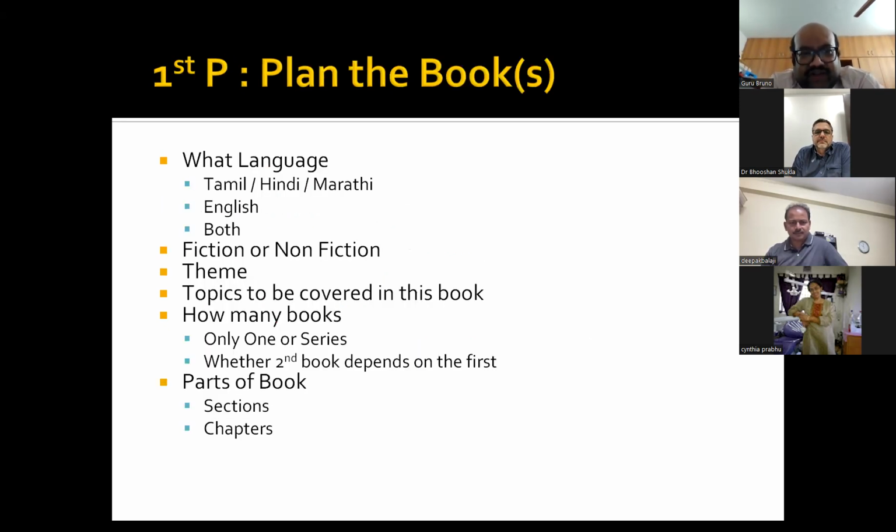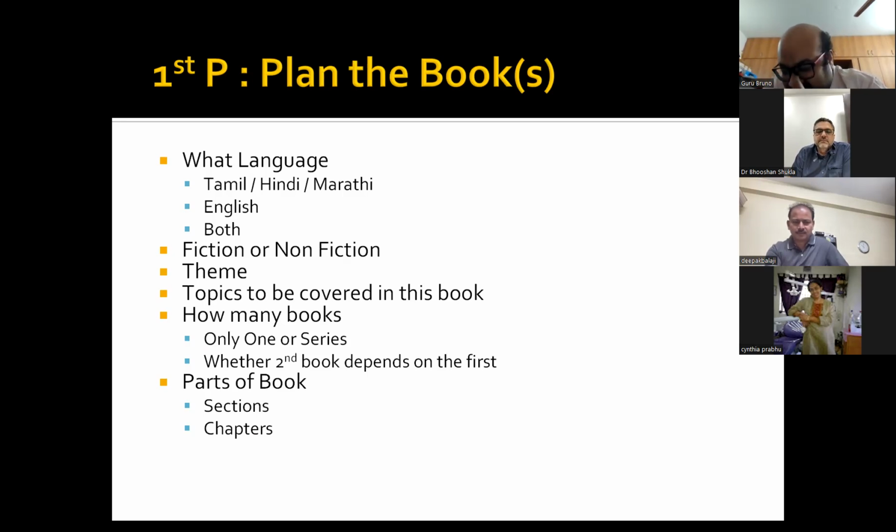So now the first step is planning the book. First you decide what language you want to write the book in, whether in a local vernacular like Tamil, Hindi, Marathi, or in English, or in both. You can write in both languages, no problem. Second, you need to decide whether it is going to be fiction or non-fiction.